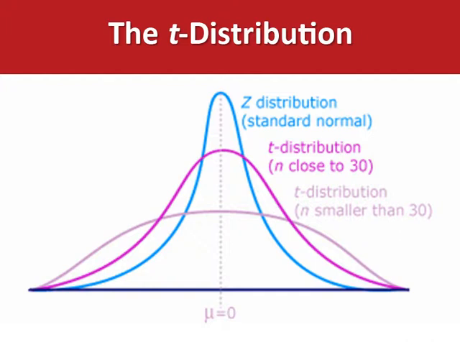But unlike the normal distribution, the t-distribution is parameterized by the sample mean and the sample deviation, which of course we can calculate from our sample. In addition, the t-distribution has a third parameter, degrees of freedom, which is really just a measure of the sample size. The bigger the sample on which the estimates are based, the more degrees of freedom, the closer our estimates are to their true population values.